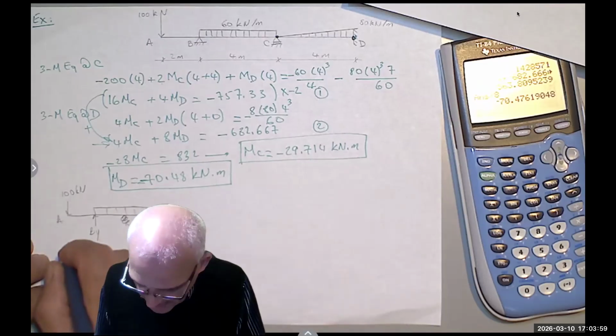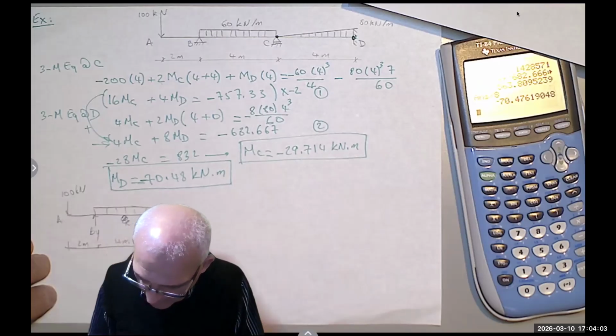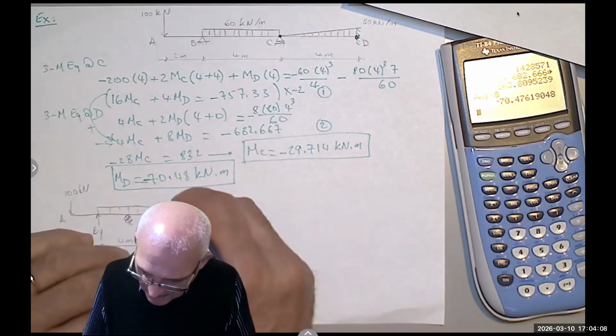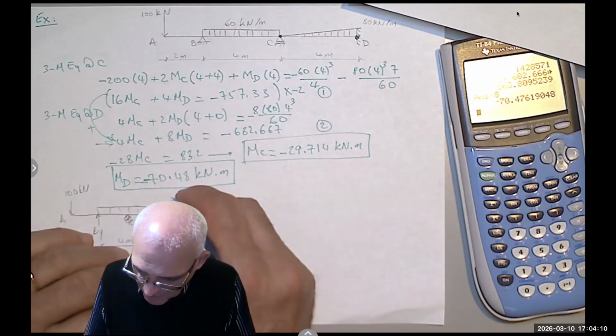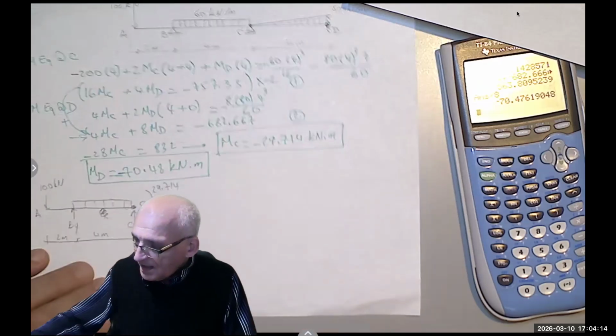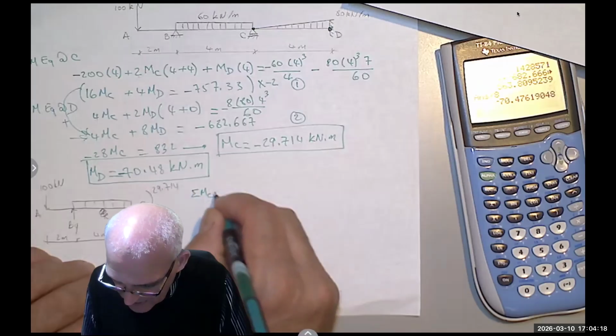But basically what I have here, remember, MC is -29,714. So all I have to do is take summation of the moment about C equals 0.